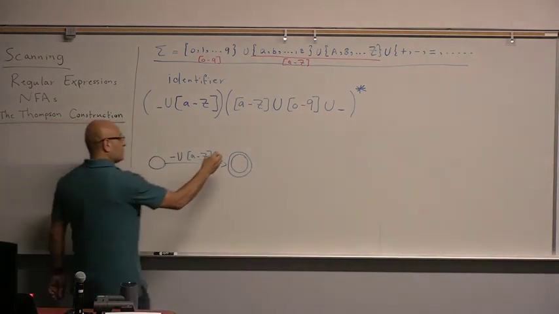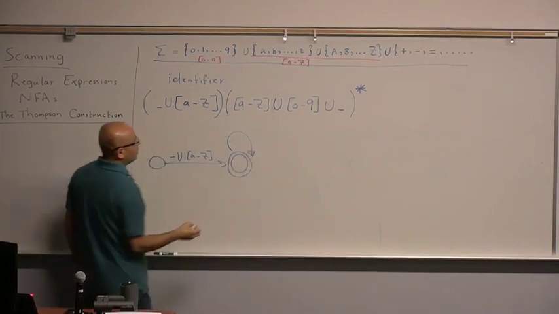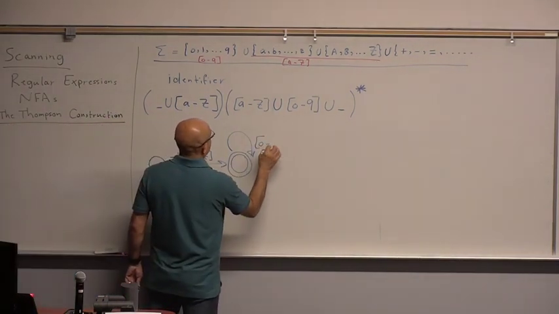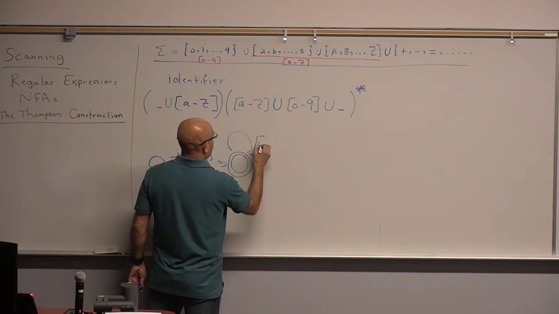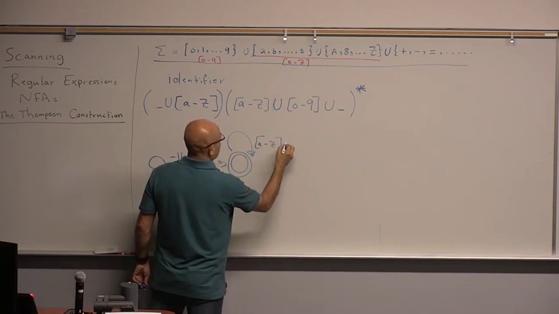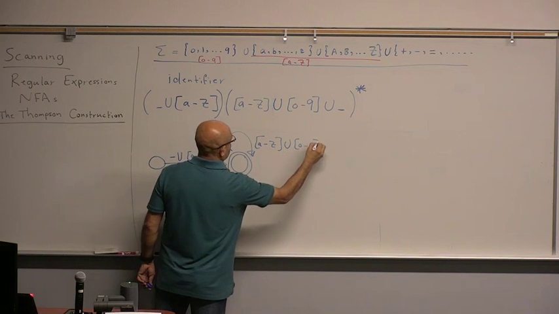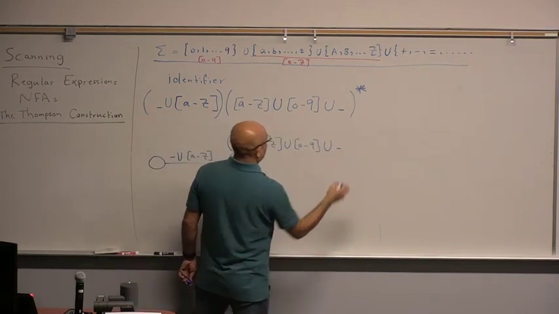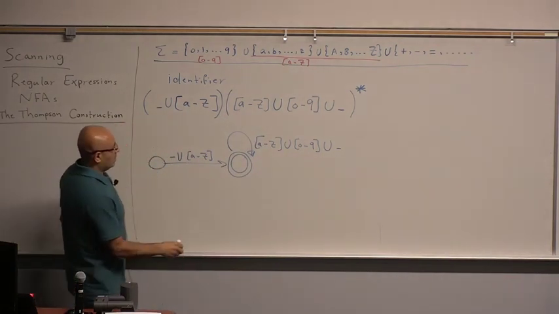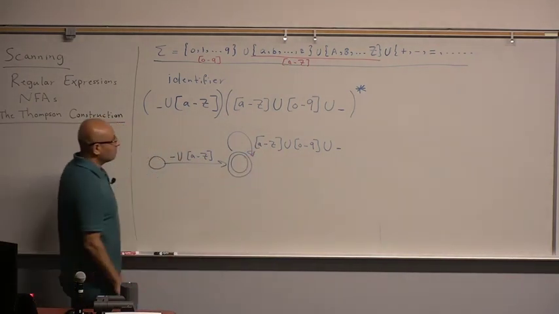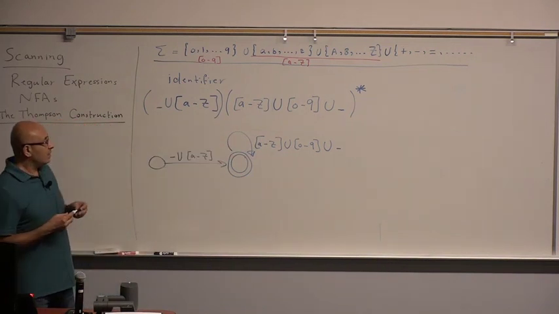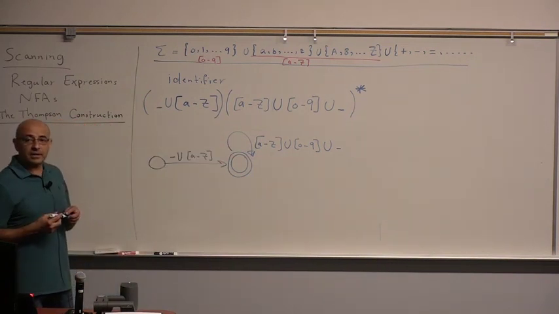In this accept state, you have a loop with 0 to 9, A to Z, or underscore. So you can loop here. Okay, so this is the corresponding NFA.